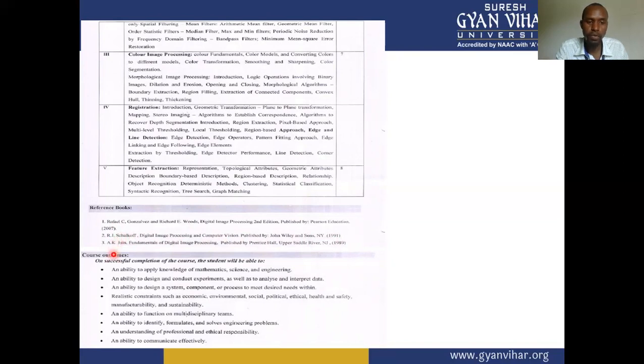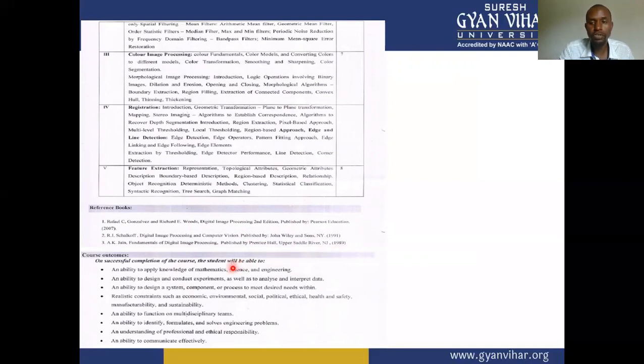Third, we'll be looking at A.K. Jain, who has published the book Fundamentals of Digital Image Processing. From that book, we'll be able to cover similar concepts. This one is published by Prentice Hall, Upper Saddle River in New Jersey, year 1989.